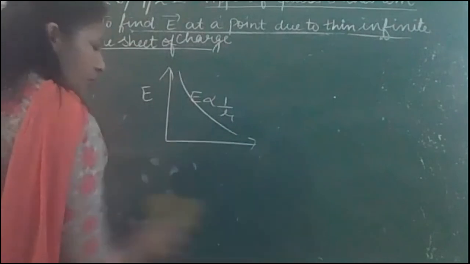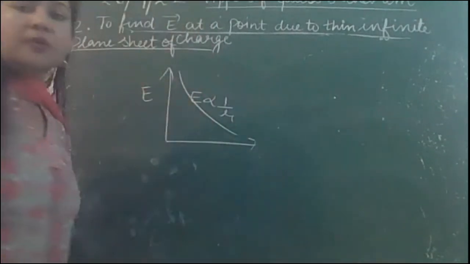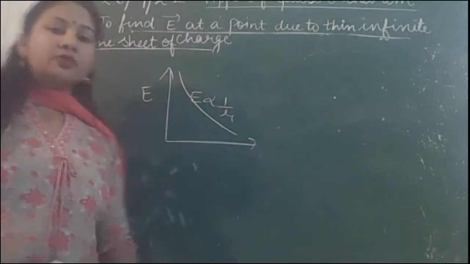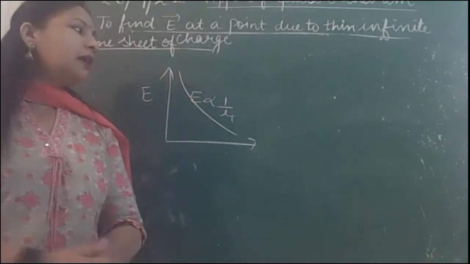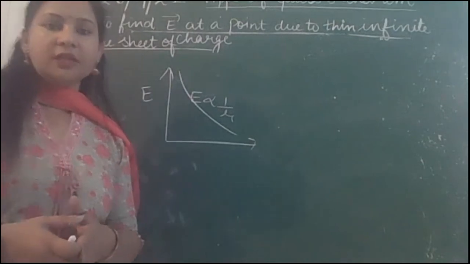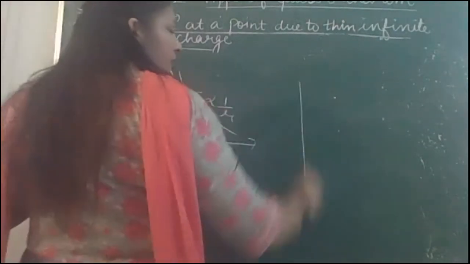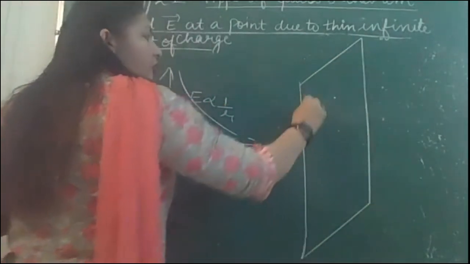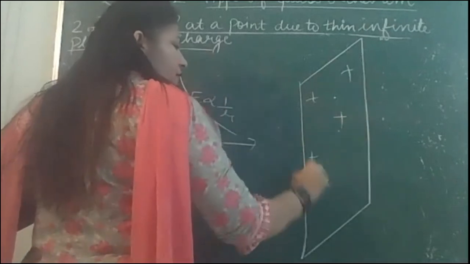So we are to see what kind of Gaussian surface is to be taken in each and every case. What type of surface is to be taken, and that surface should also pass through the points of observation. So here we have a thin infinite plane sheet of charge over which charge is uniformly distributed.